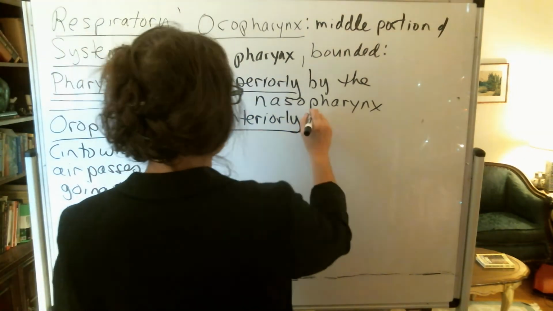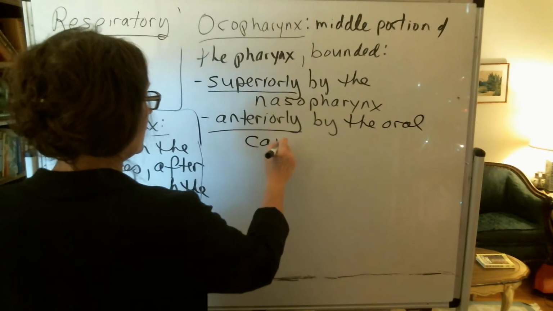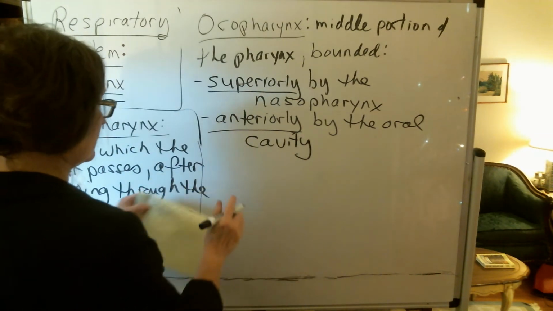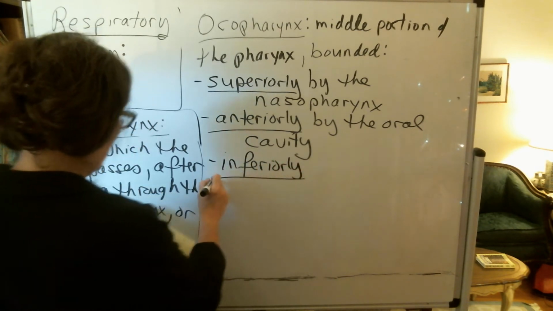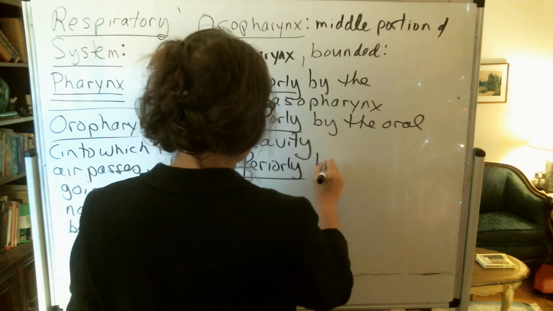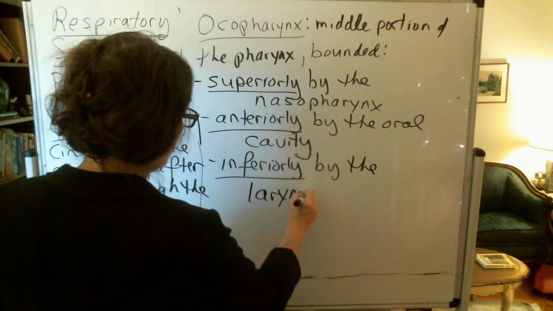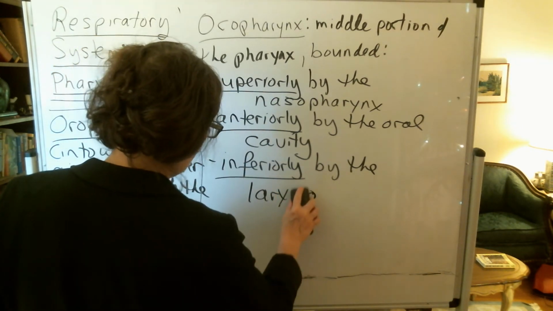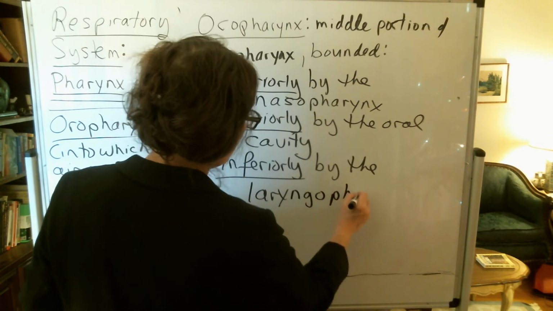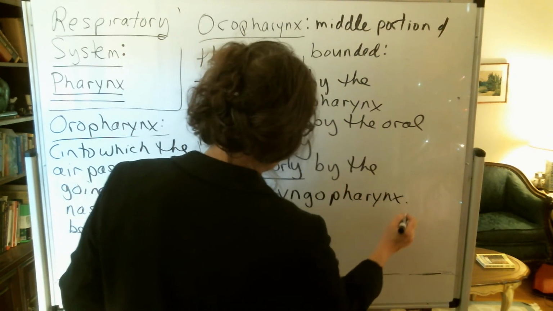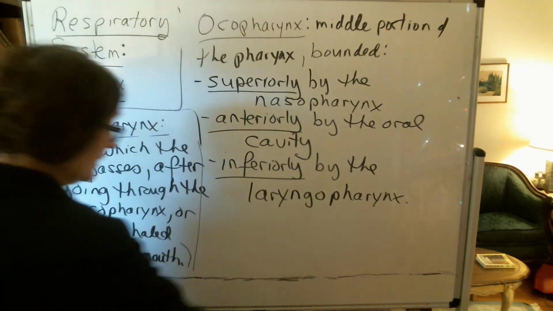Anteriorly by the oral cavity, and inferiorly by the laryngopharynx. So that then is how you can find the oropharynx.